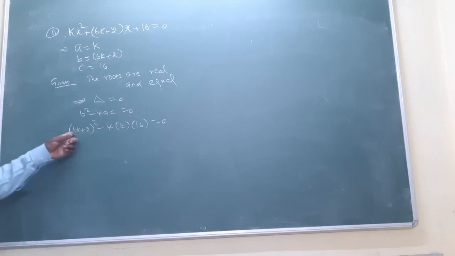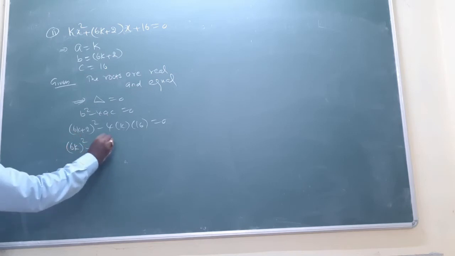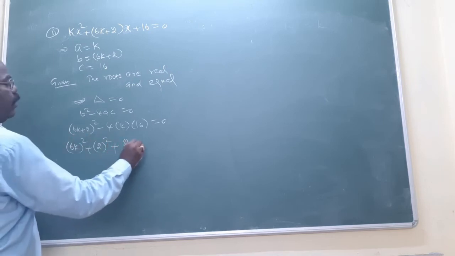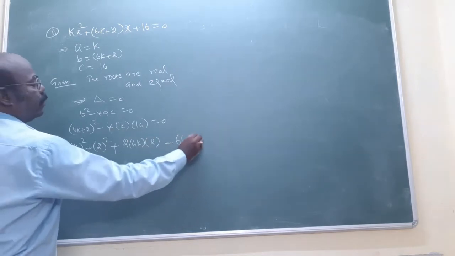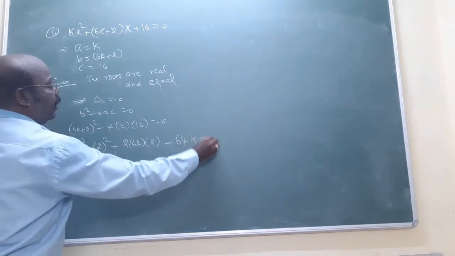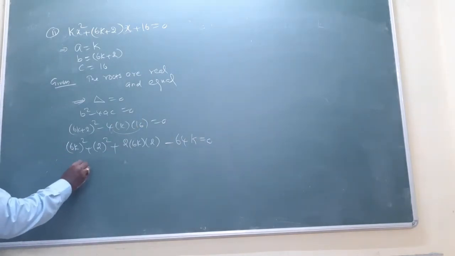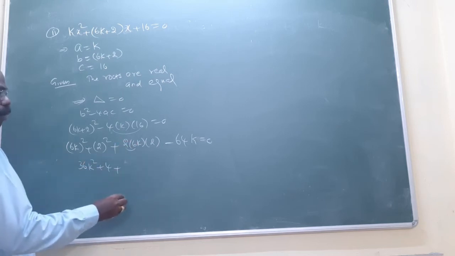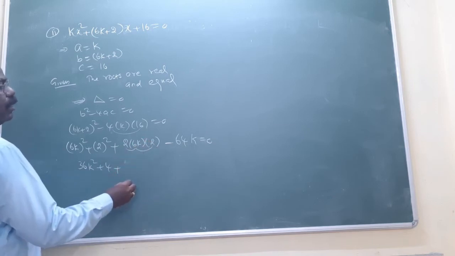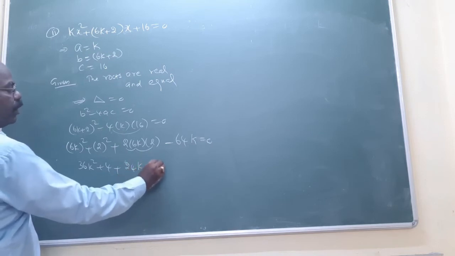This is of the form (a plus b) whole square, and the formula is a square plus b square plus 2ab. So 6k whole square is 36k square, 2 squared is 4, and 2 into 6k into 2 is 24k. Here minus 64k.